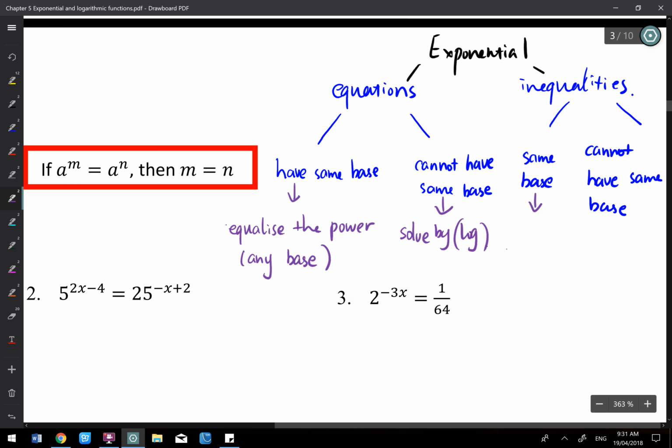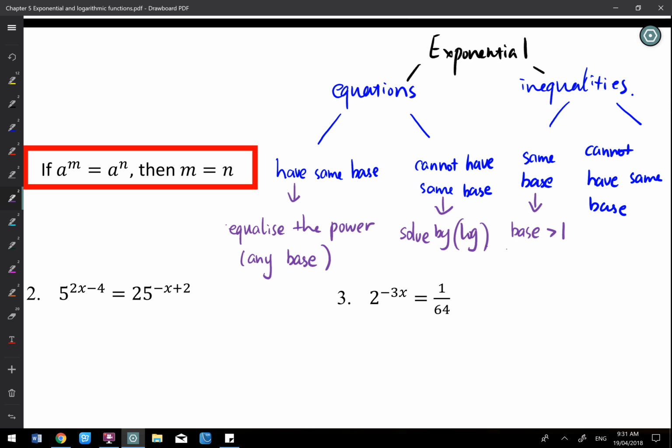If they have the same base greater than 1, you don't have base in between 0 to 1. Well, if your base is in between 0 to 1, you can flip it and make the power of -1, so you can make it into the base greater than 1.